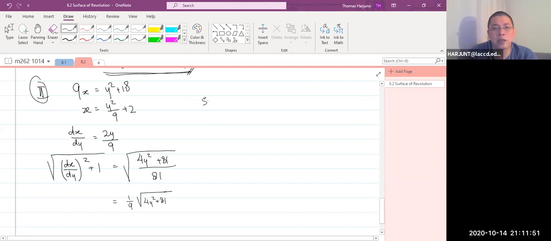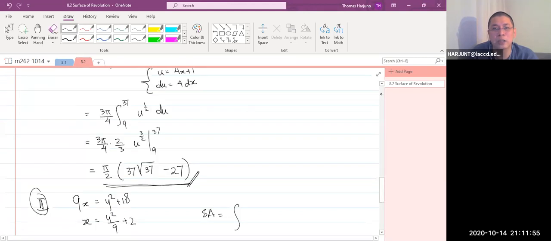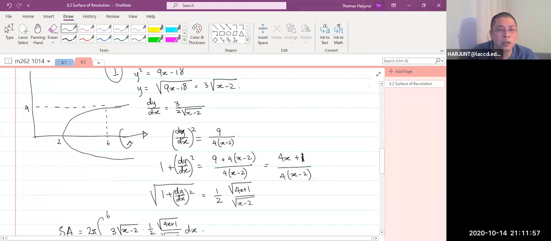Now the surface area equals the integral. You see the x is actually moving from 2 to 6. But that curve, when x moves from 2 to 6, implies the y is moving from 0 to 4.